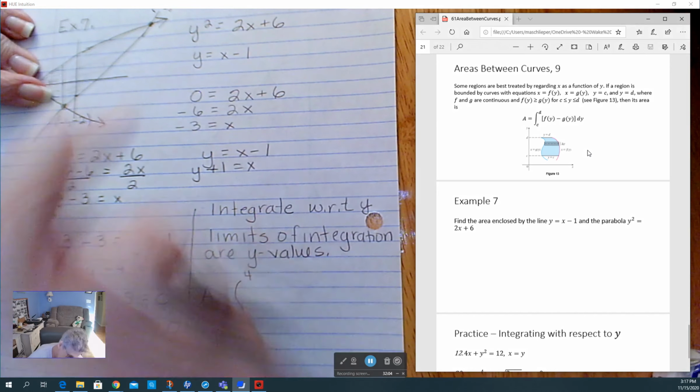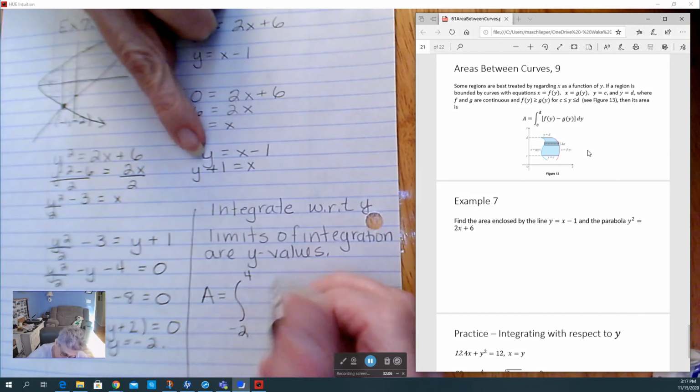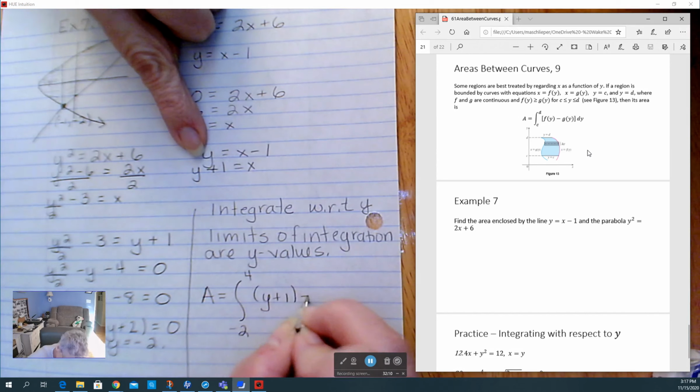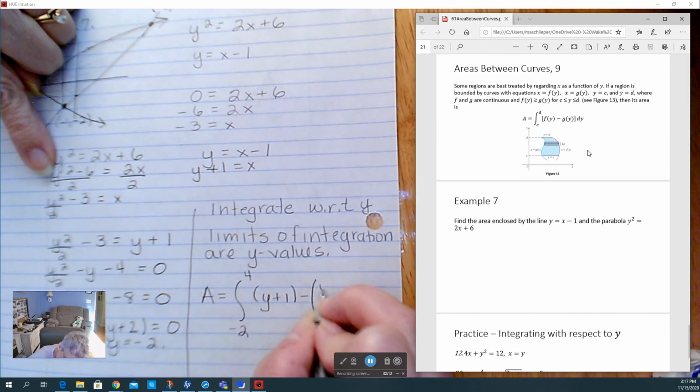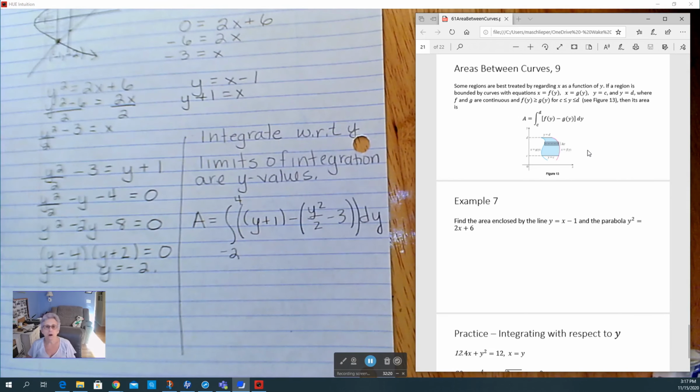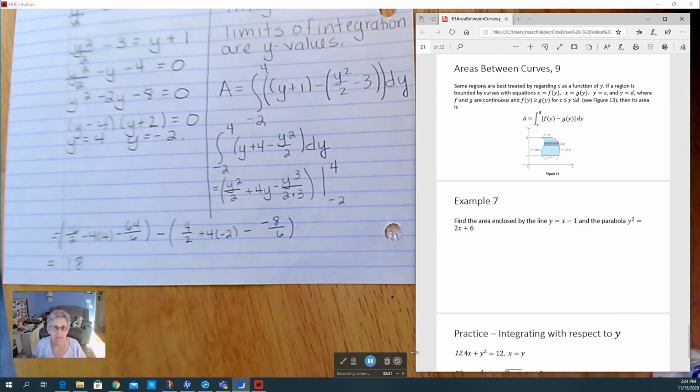So my right one is y plus 1 minus my left, which is y squared over 2 minus 3. Integrating with respect to y works exactly like integrating with respect to x. So I'm going to do the integrating, and we'll meet back here and compare answers.